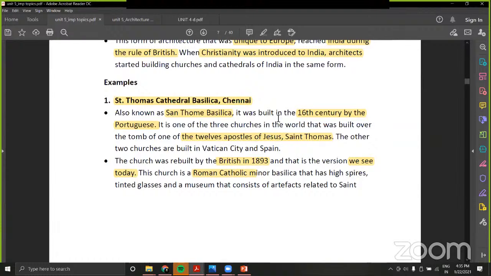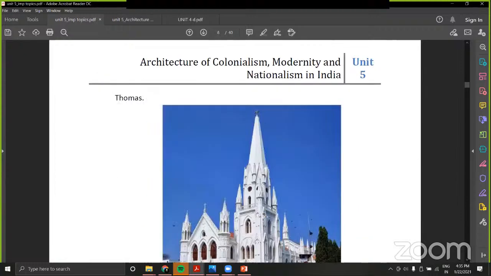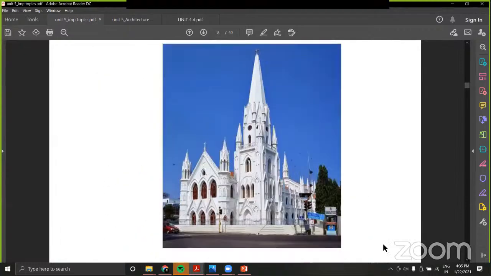So they wanted to have a church for him, and they constructed it according to the Gothic and Greek style. It was constructed by the Portuguese in the 16th century, and the church was rebuilt by the British in 1893, and that is the version we see today. The church is a Roman Catholic minor basilica. So no, we don't need these details, and we move on to the next one.